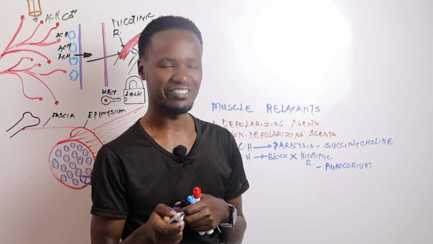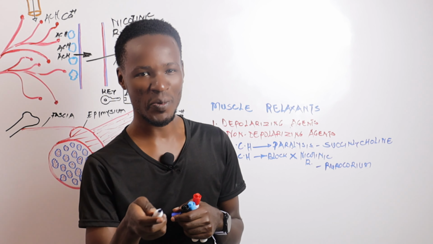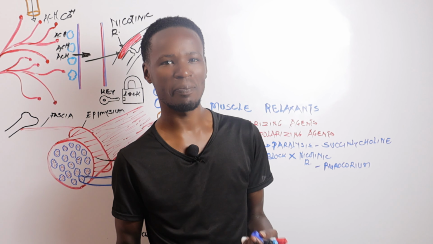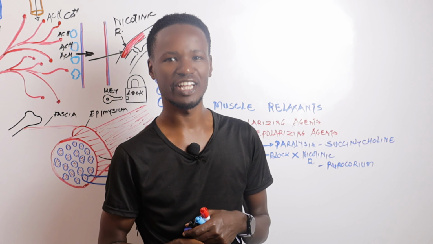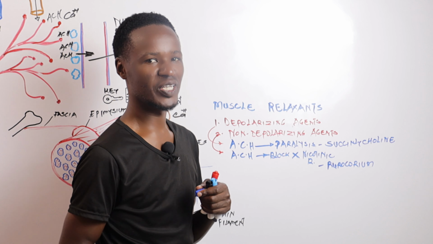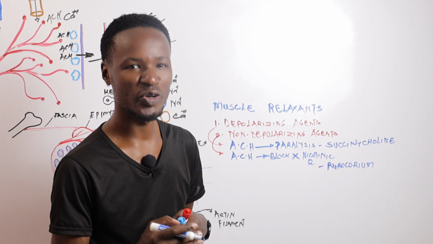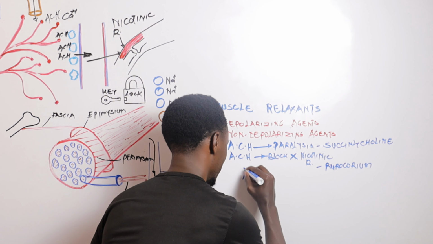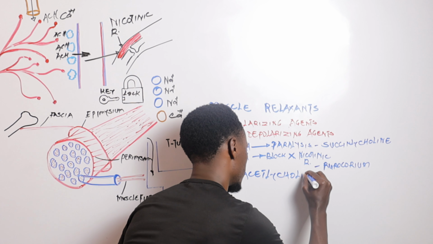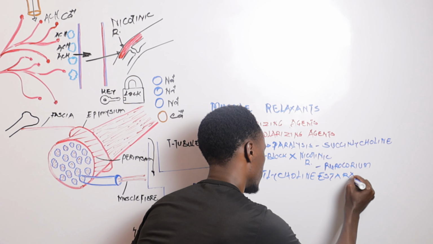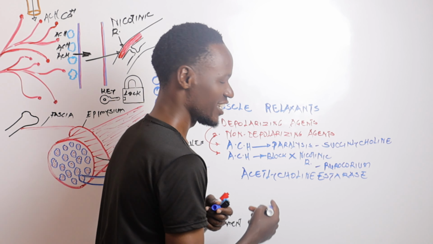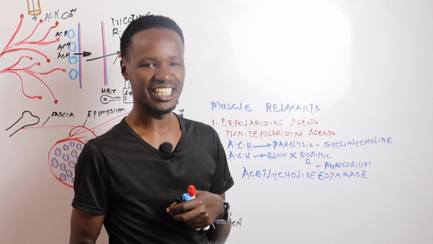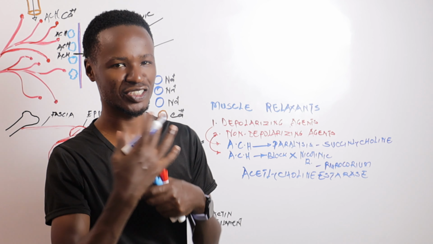You are asking yourself, because acetylcholine enters the neuromuscular junction and tells the muscle to contract, what happens for the muscle not to contract constantly? So look here. Acetylcholine gets broken down by an enzyme we call acetylcholinesterase. This enzyme breaks down acetylcholine, and by breaking it down, it is telling the muscle not to keep contracting.